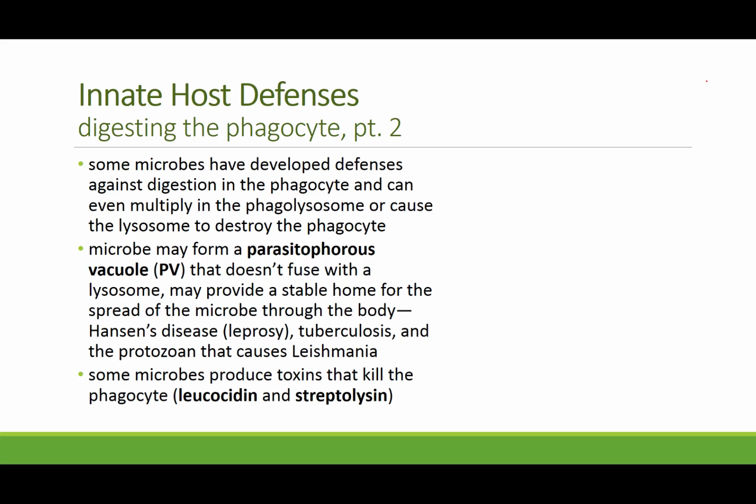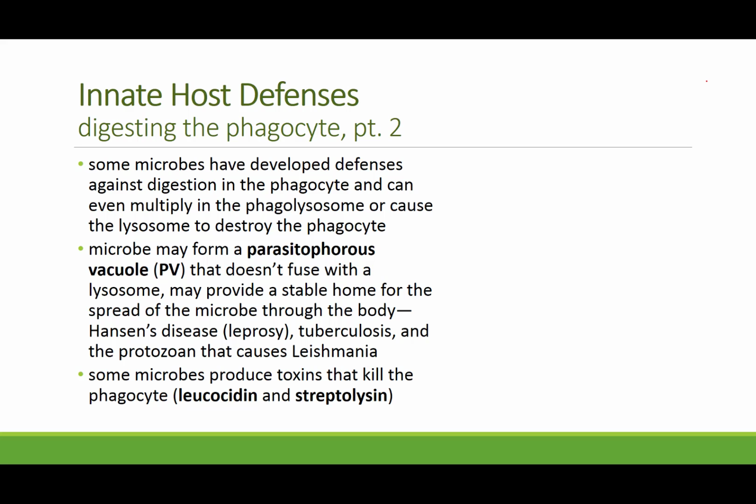Some of these microbes will form what is referred to as a parasitophorous vacuole, or a PV, that doesn't fuse with the lysosome at all, but instead that vacuole becomes this home for the microbe, and it can even use that as like a growing space, as a home base that it can then use to spread throughout the body.